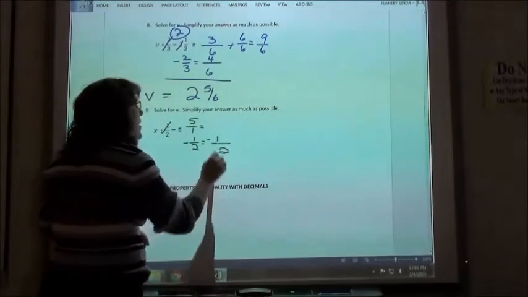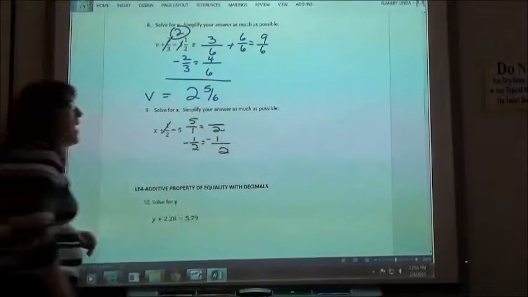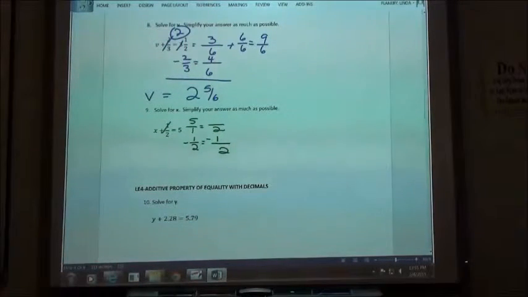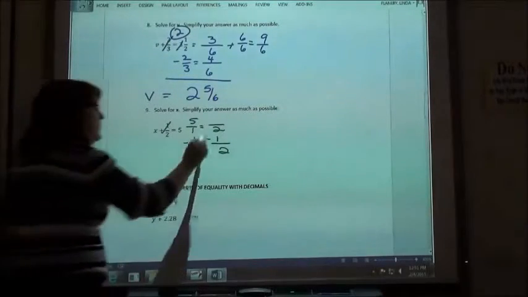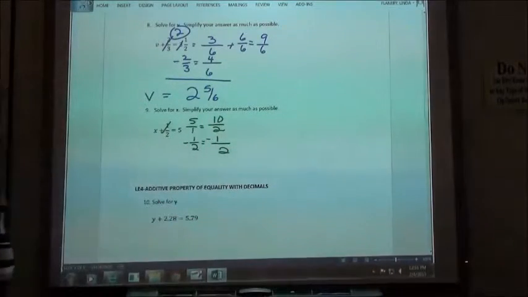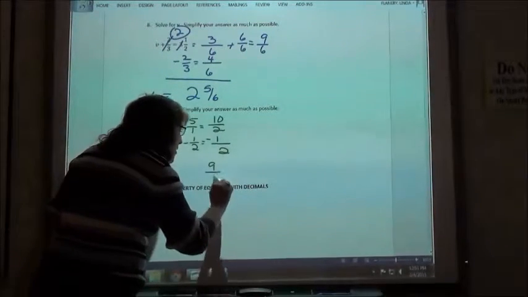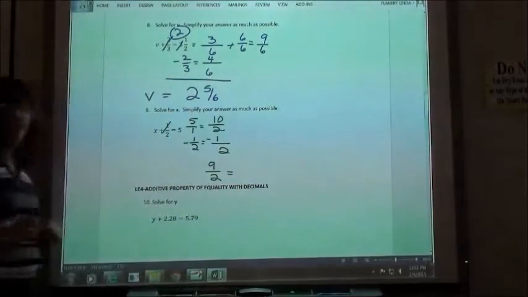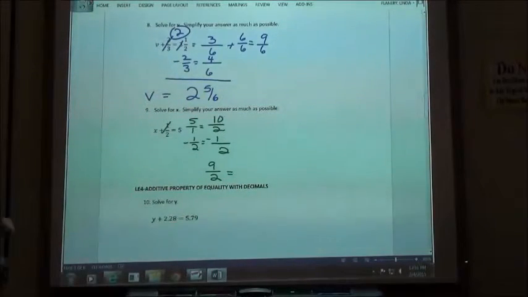This is still going to be minus 1/2, and this would be how many halves? 10. Right? 5/1 is equal to 10/2. 10 minus 1 is 9 halves, which as a mixed number would be 4 1/2.